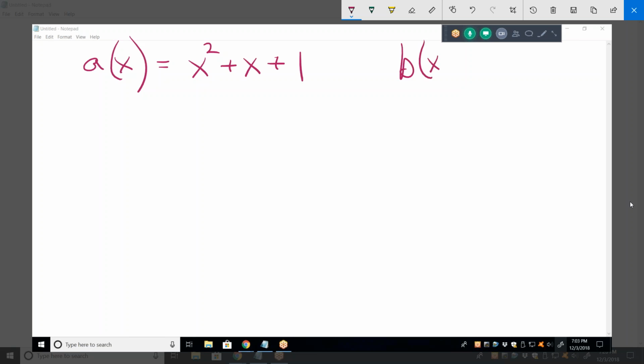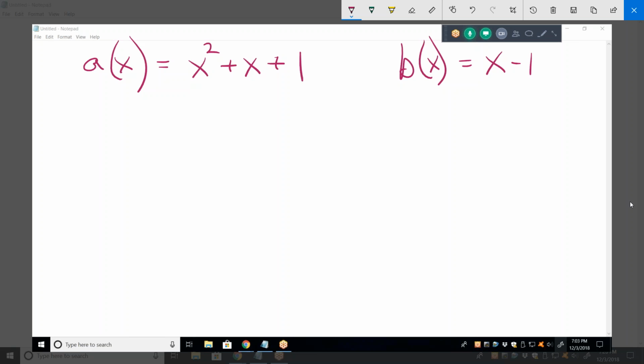And then it says we can rewrite a of x over b of x as q of x plus r of x over b of x, where q and r are polynomials and the degree of r is less than the degree of b.